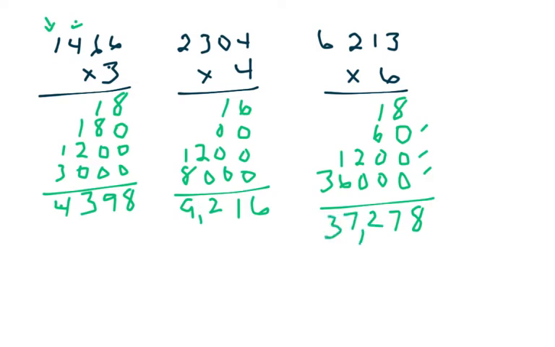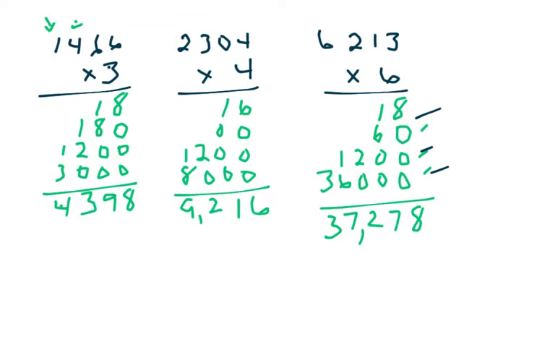And 3. 37,278. Okay? I hope that makes sense. Notice that when we multiply with the larger numbers, we just put down 1 zero for the tens place, 2 for hundreds, and 3 for thousands.